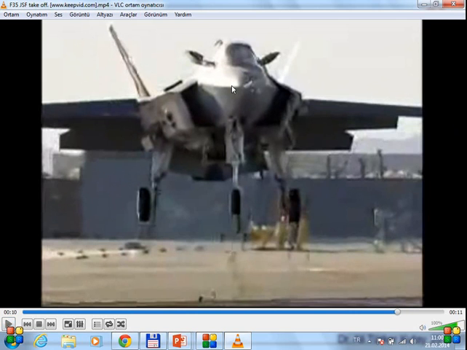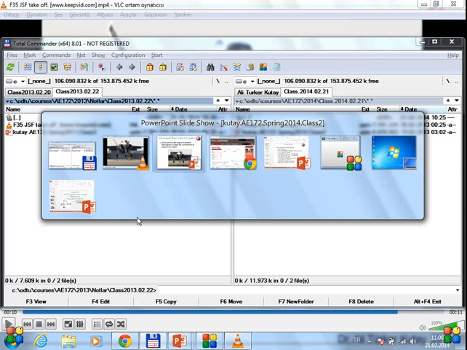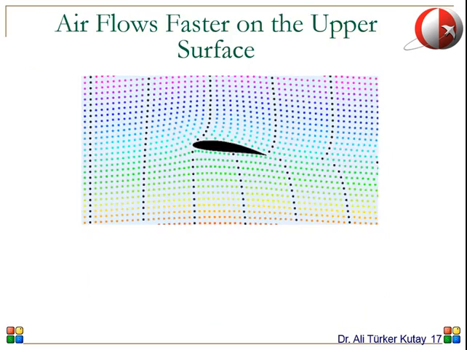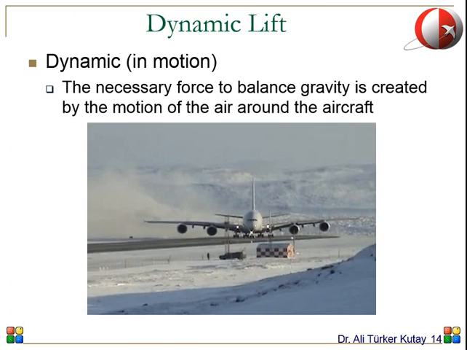Okay, so this is really out of our interest. We will not be talking about this vertical thrust aircraft at all in this course. So everything in this course will be about aircraft which create the dynamic lift. So we'll be talking about aircraft like this.